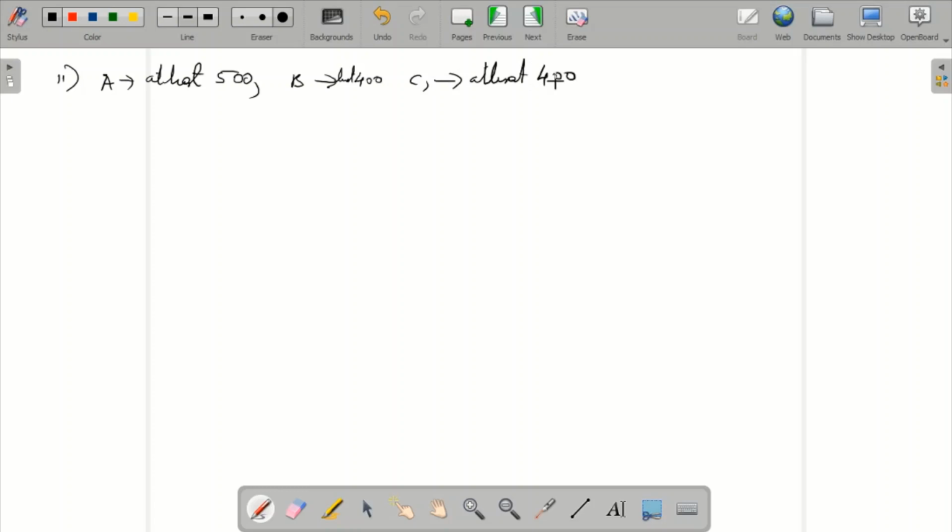So what is happening over here? Solution is, A must get at least 5 units, and B and C must get at least 4 units.